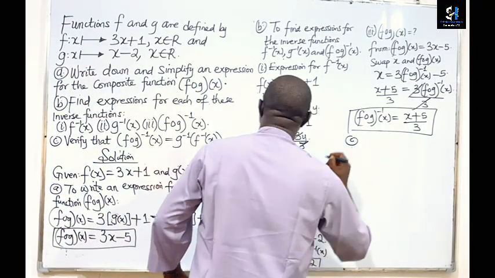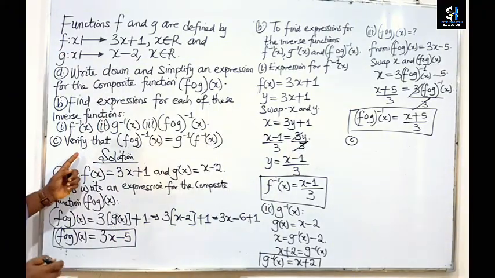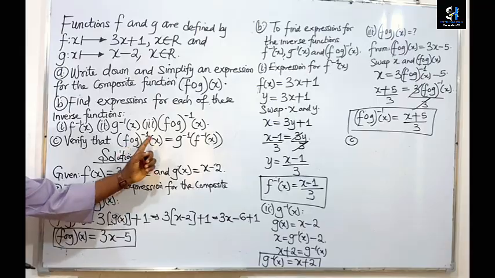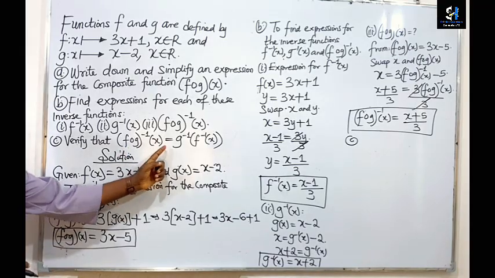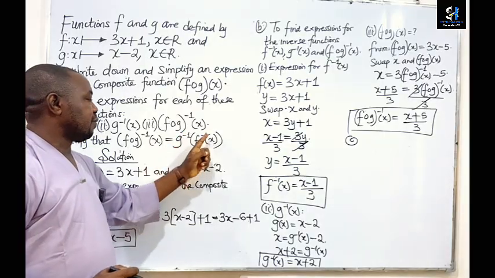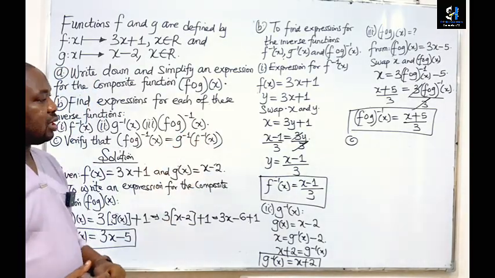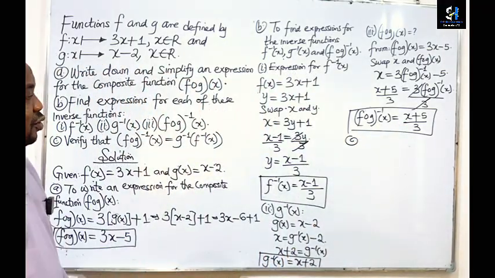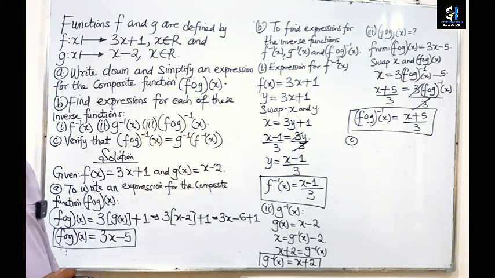Now the last question. The question asks us to verify that the inverse of composite function fg of x is equal to the inverse of g of inverse of f of x. Now we have the expression for the inverse of composite function fg of x, and that is x plus 5 over 3.